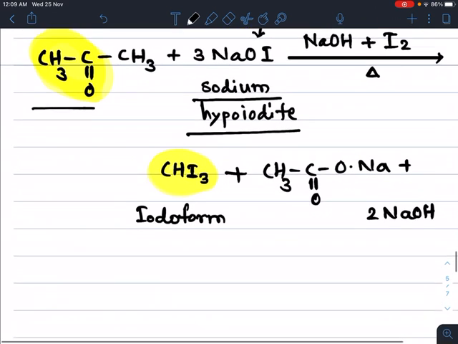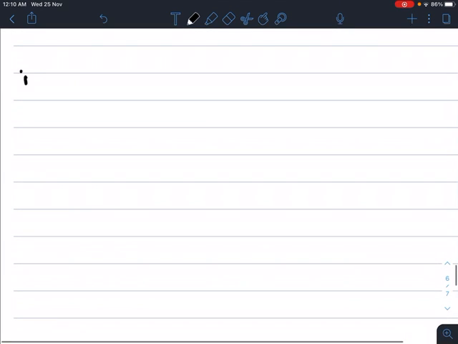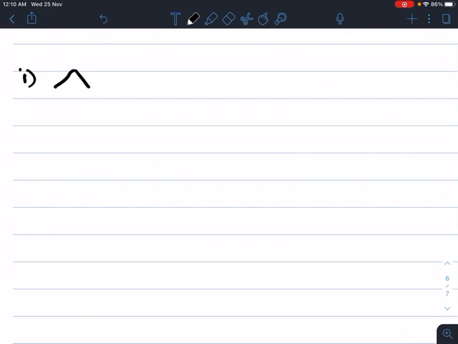If we take one more example, suppose I give you the bond line formula of this compound, which contains 4 carbon atoms, and you tell me whether it undergoes or shows the iodoform test or not.